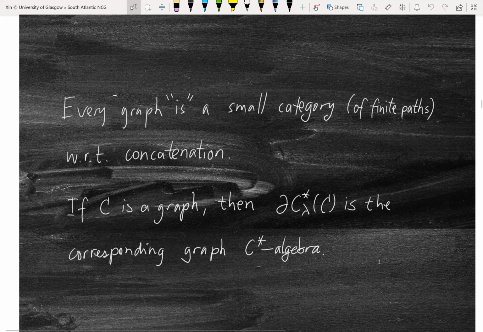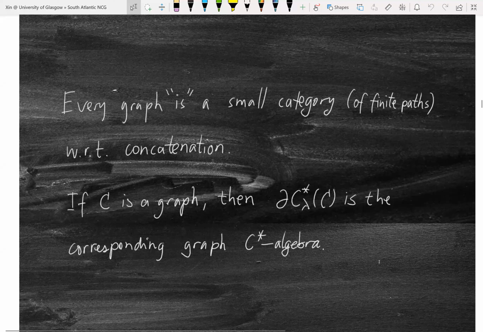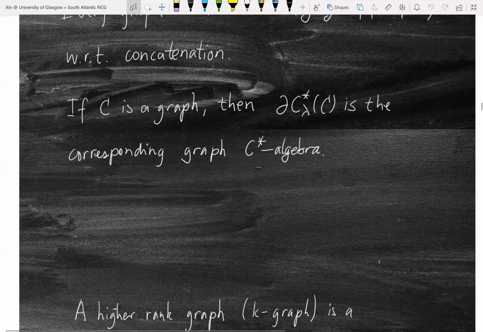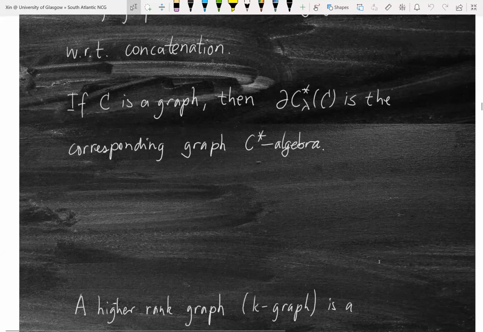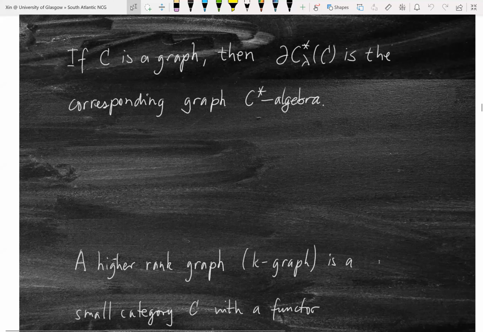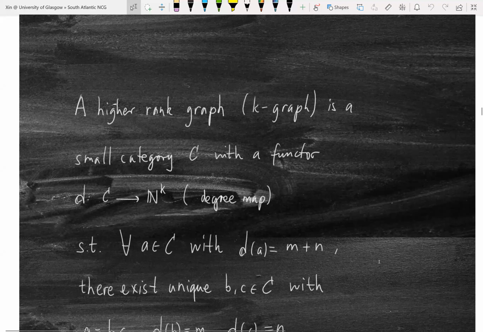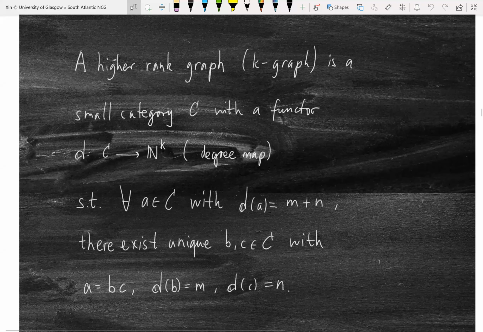So let's move on to higher rank graphs. Let me first give the definition and then explain the idea. So the definition is this. Now I already go straight away to the small category of paths.